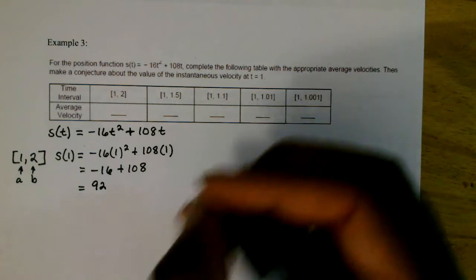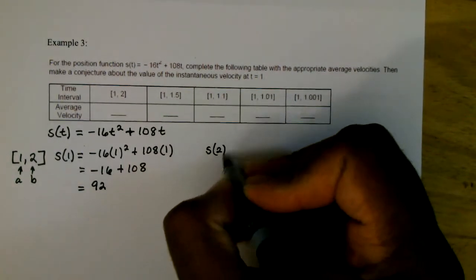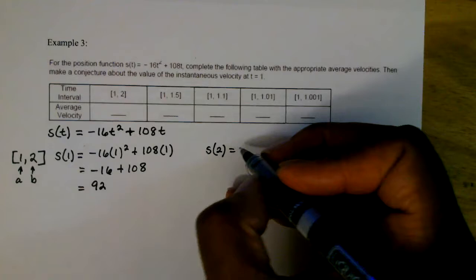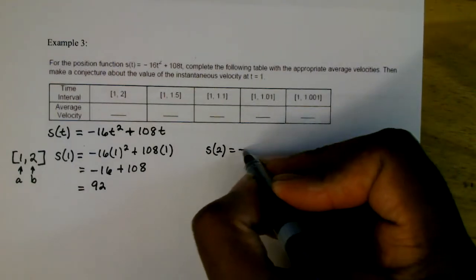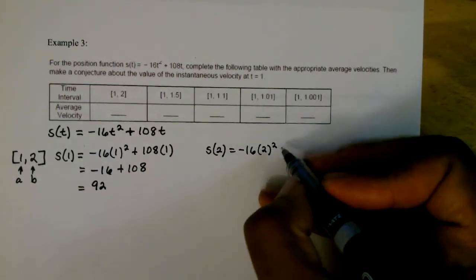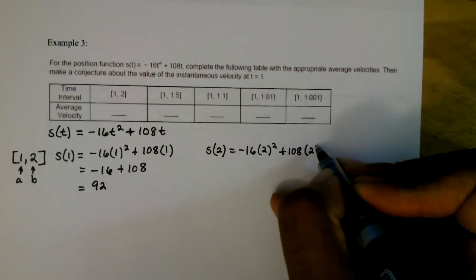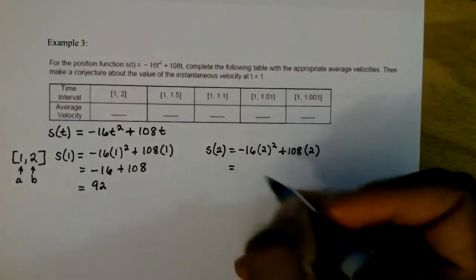And now let's find S of 2. Using the same position function, I'm going to substitute each t with 2. So I get negative 16 times 2 squared plus 108 times 2.